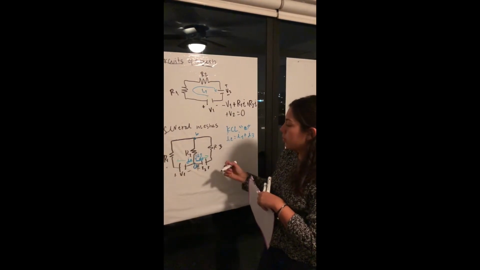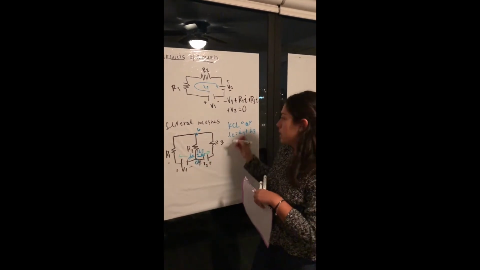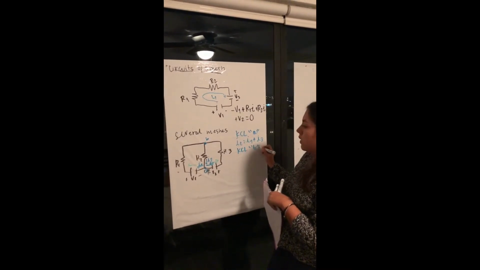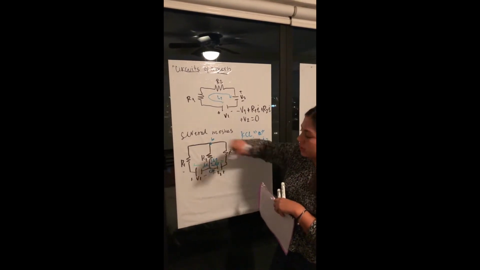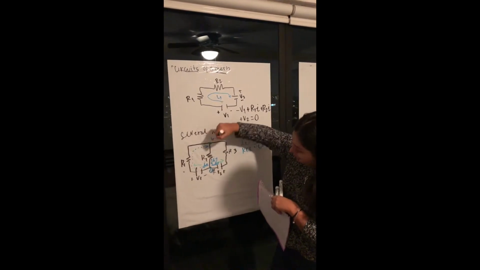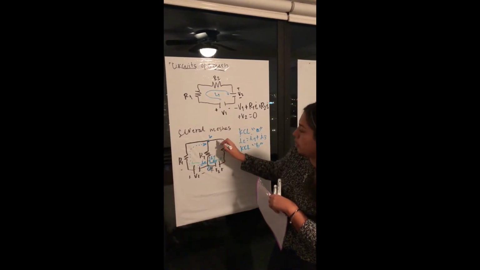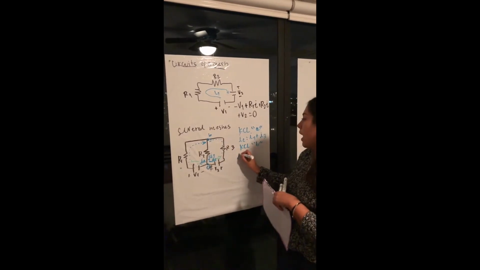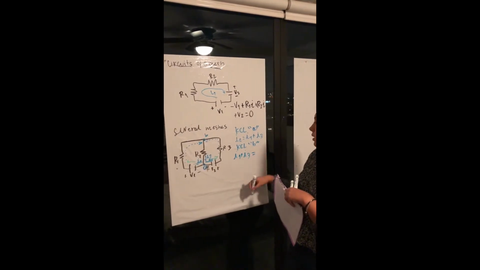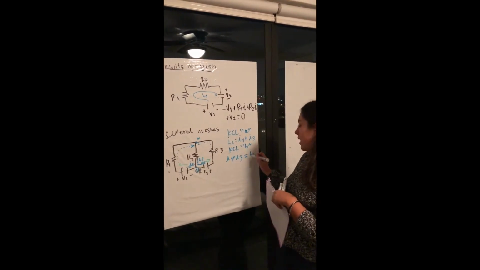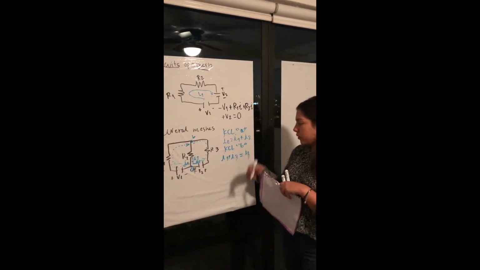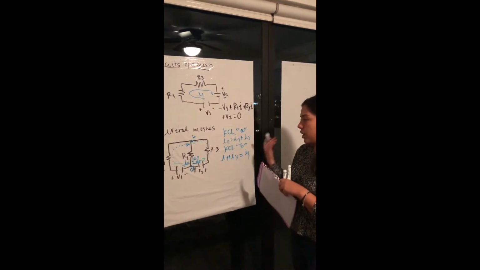Now let's follow the trajectory of these currents to see what is happening in node B. I'm going to point how the current is going, so we can see that I1 would be entering the node, and I3 would also be entering the node. So it would be I1 plus I3 entering the node equal to I2 that is exiting the node. We can see that these two equations are the same.